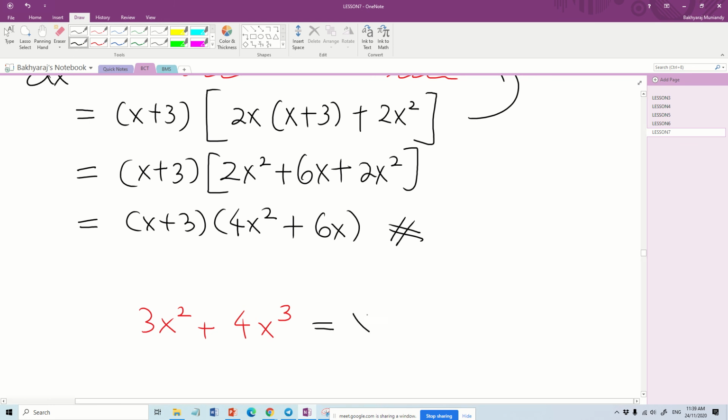So lowest ini bawa keluar s square. Bila you keluar lowest, maksudnya tinggal sini 3 lah. So bila kita kembang, kita dapat 3s square. Lepas itu yang ini kena dapat 4, dan ini s cube, so ini ada 4s.